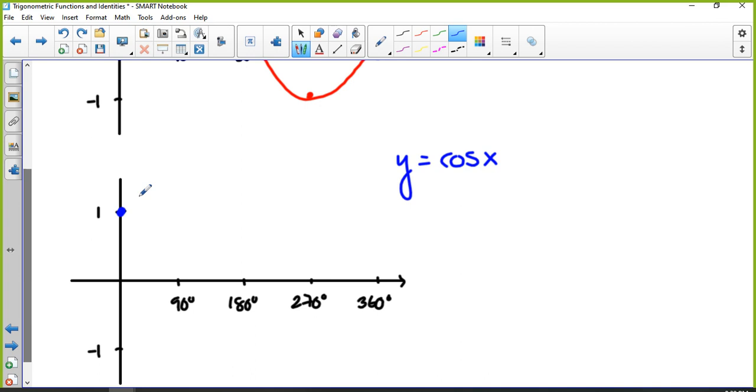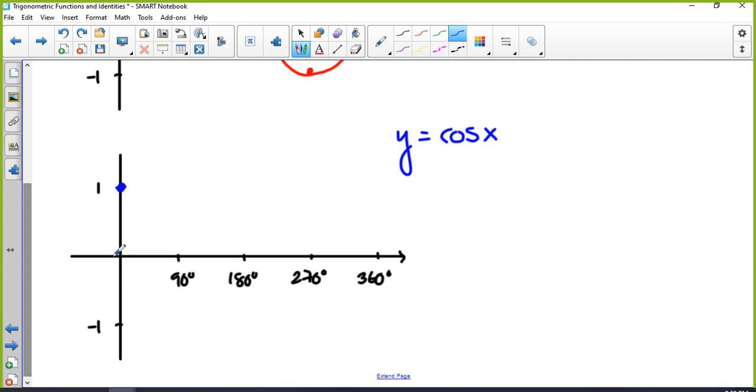Whereas the graph of y equals cos x starts off at its maximum point. From there, at 90 degrees, it goes to its mean value. At 180 degrees, it gets down to its minimum of -1. At 270 degrees, back to its mean value. And at 360 degrees, we're back up to the maximum. So when we graph this now, this is what it's going to look like.